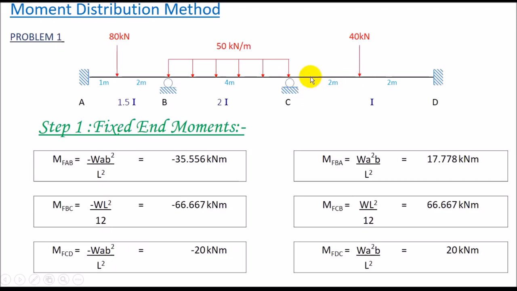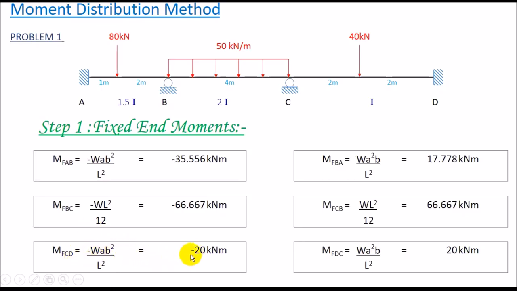MFCD, the fixed end moment from C to D, is given as minus W a b square by L square, where W is 40, a is 2, b is 2, and L is 4. You can also use the formula minus W L by 8, since the load is acting centrally, but I prefer this formula as it is a general formula, and you don't have to remember two formulas for the same thing.